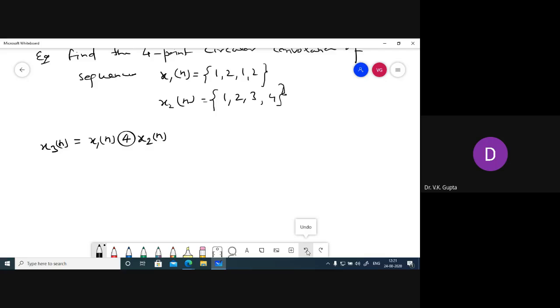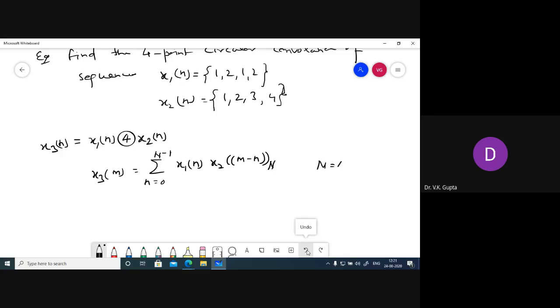In formula terms, we have x3(m) equal to sigma n equal to 0 to N minus 1 x1(n) x2((m minus n) modulo N).